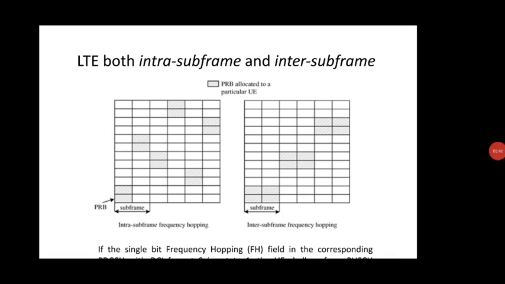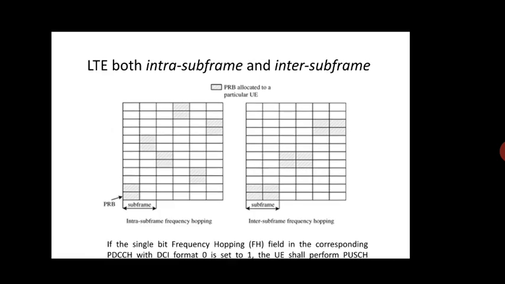In intra-subframe hopping, the user entity hops to another frequency allocation from one slot to another within the same subframe. That is, the change of frequency happens within one subframe only.